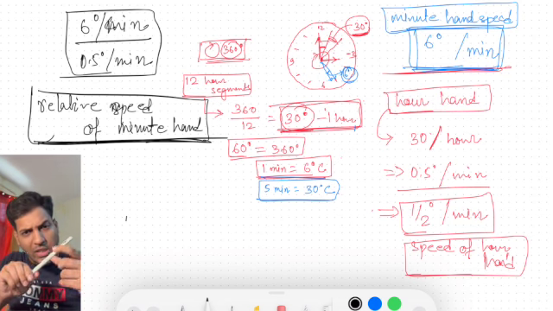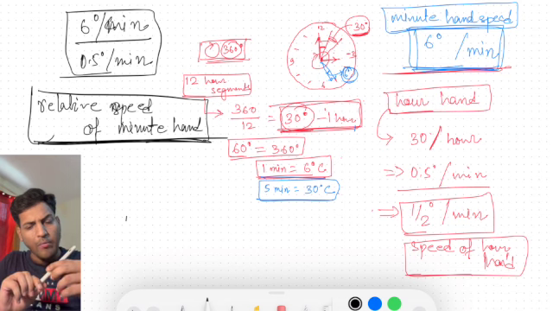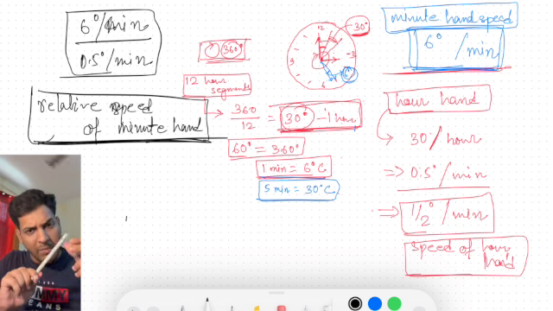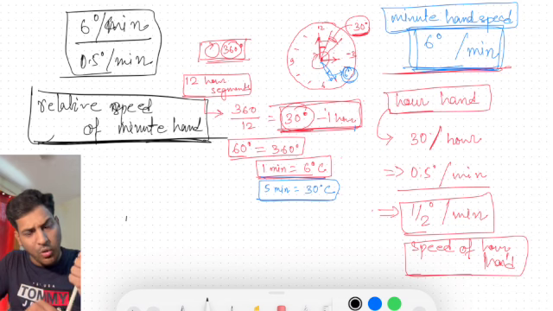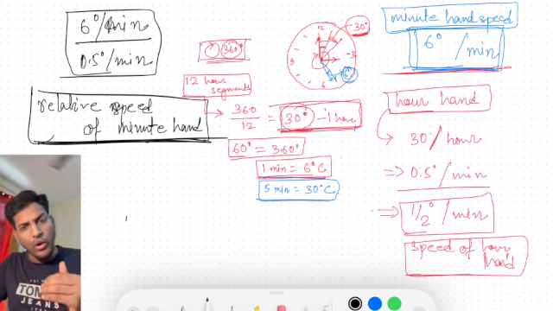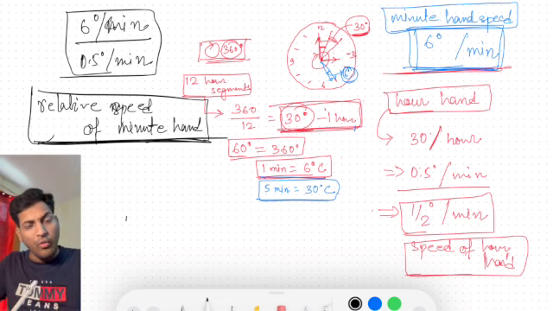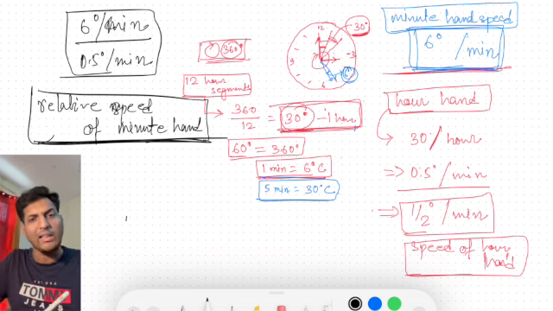Minute hand is moving with 6 degrees per minute, hour hand is moving with 0.5 degrees per minute. Relative speed means if in a hypothetical situation you assume the hour hand to be steady, not moving, what is the speed of minute hand in that case?